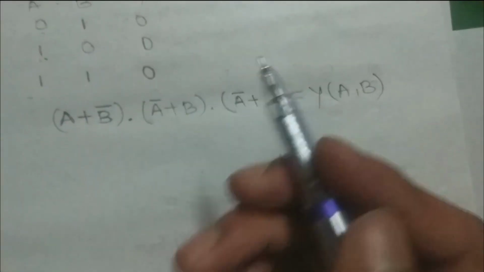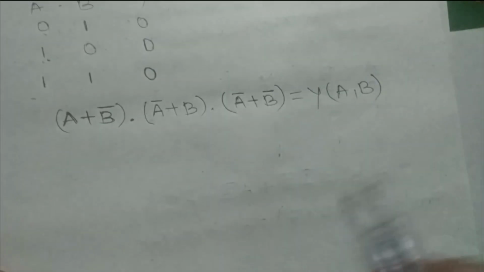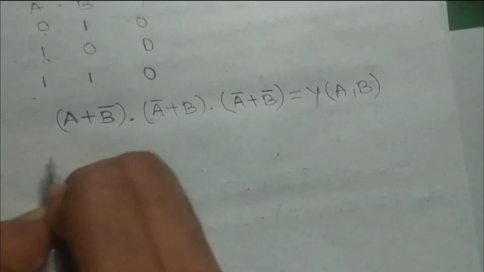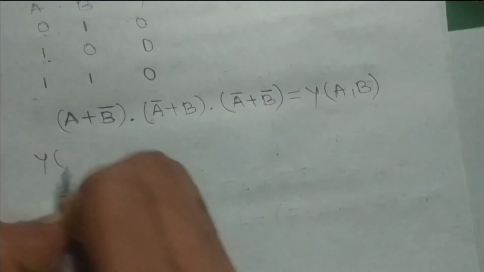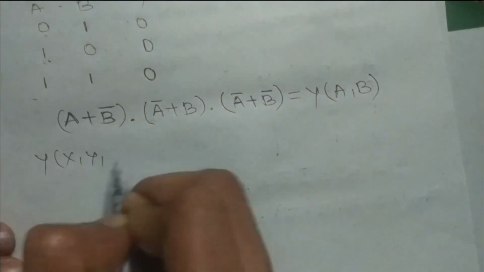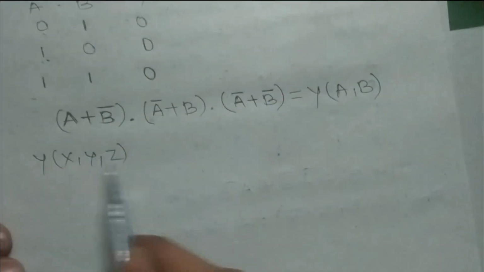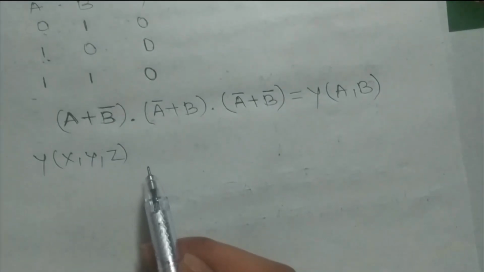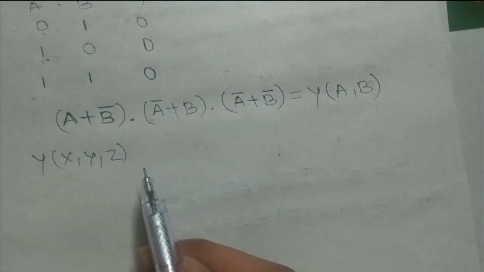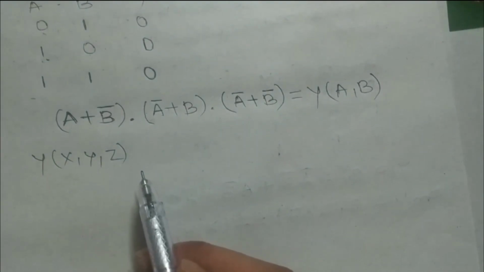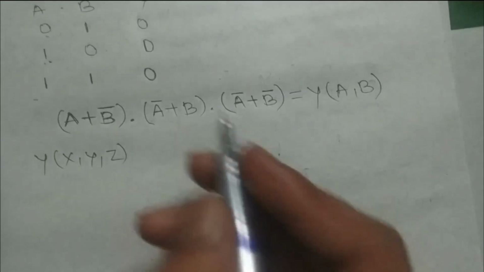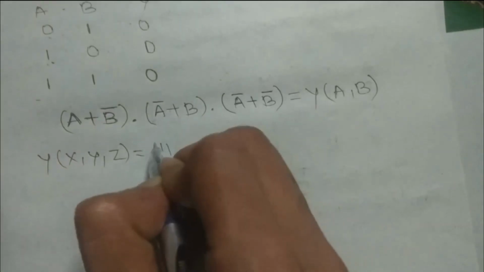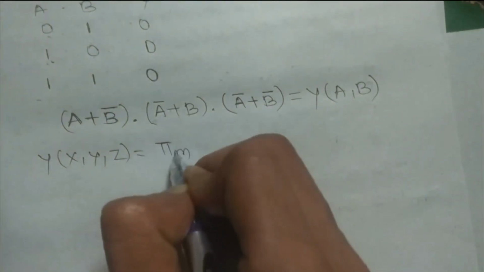As we have seen in SOP, now we are going to see if the Boolean expression is given in terms of the numbers for which the output is low. Suppose Y is a function of X, Y, Z. That means we get 8 terms, out of which some combinations will have low output. Those combinations can be represented by pi of M, where M is capital.